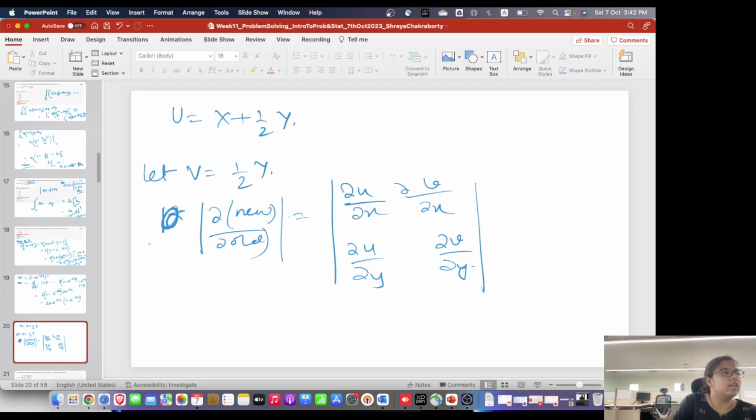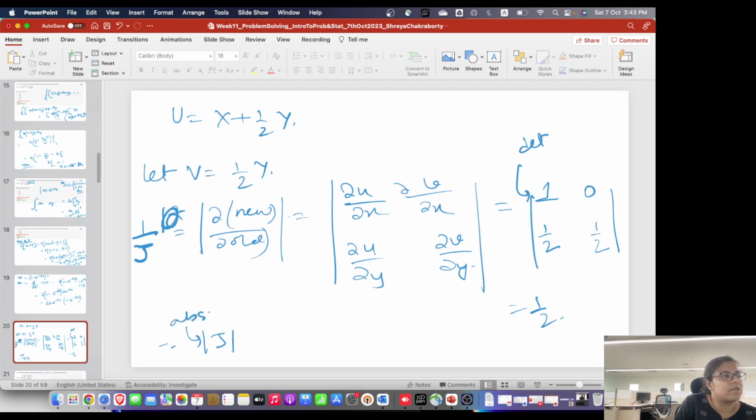This is the 1 by Jacobian. Del u del x is 1, del v del x is 0, del u del y is half, and del v del y is also half. Then we take the determinant, so we have half. Therefore this is the absolute value of the Jacobian.